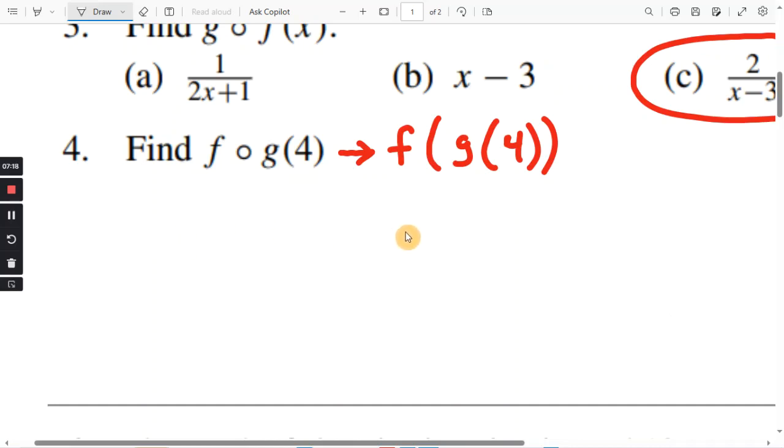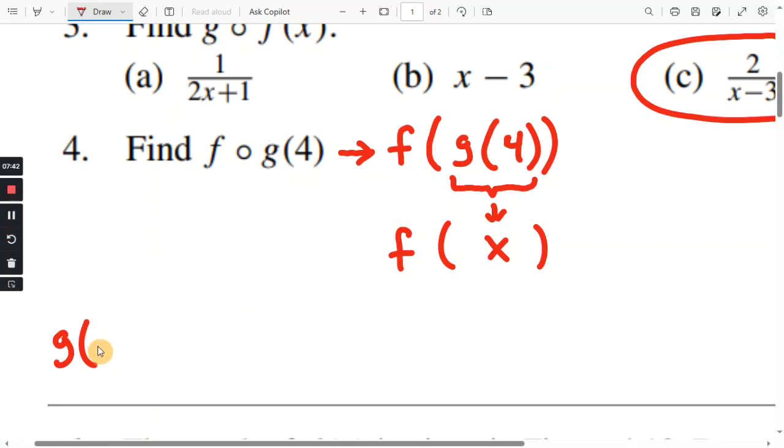That means in the function f of x, we're going to evaluate g of 4 and plug that in wherever we see an x for the f function. All right, so let's see what that equals.